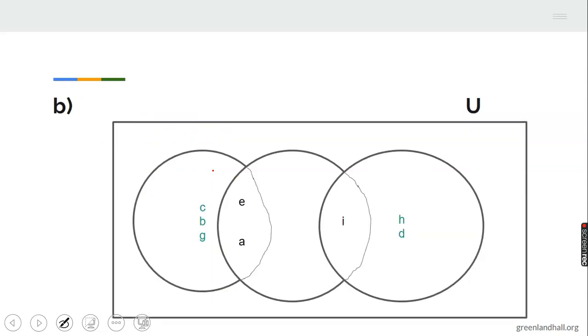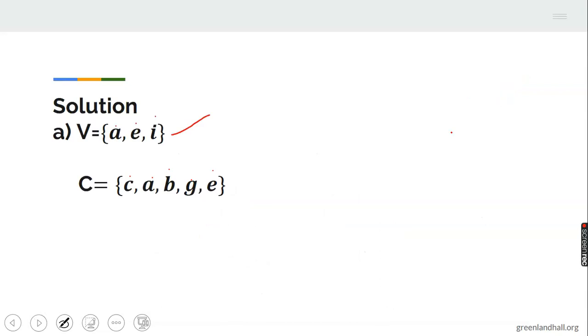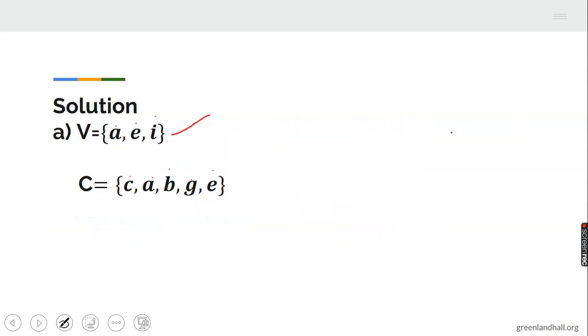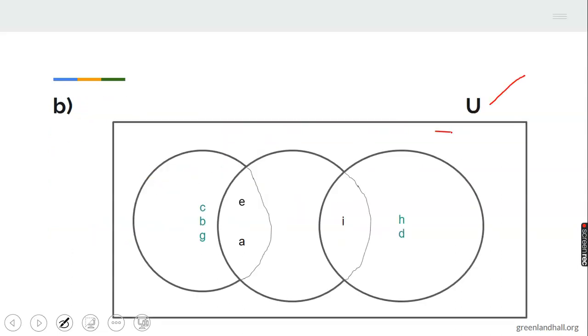Now this is the Venn diagram. This is the universal set, the entire rectangle. This is V, this is C, and this is H. Cabbage, 5.